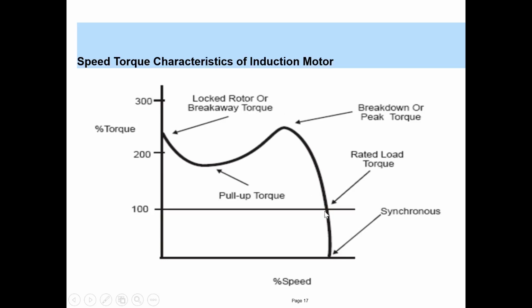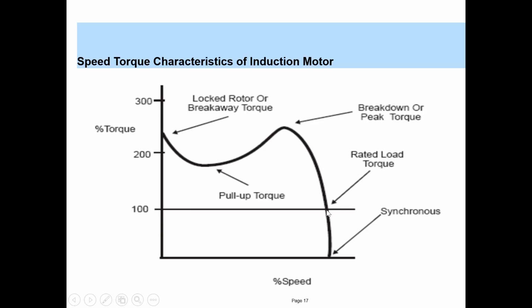Now we try to understand why this is the operating point. If you have an induction motor connected to a three-phase supply, you can operate at only one point. You cannot change this point. This is why it is called the operating point. Also, let's say we try to perturb this point.